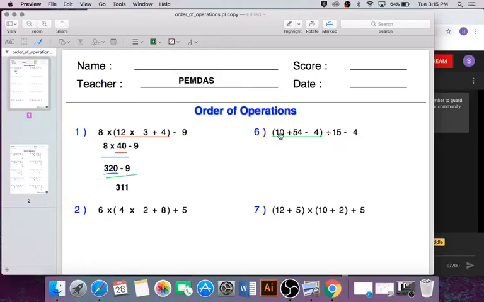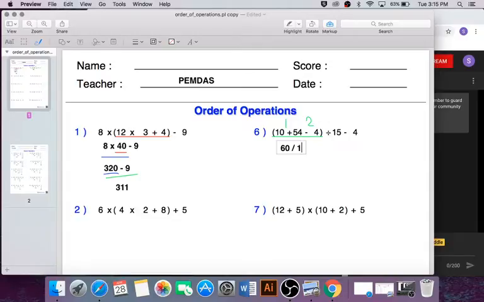And inside those parentheses, we're going to do addition and then subtraction, because that's the order they appear from left to right. So we're going to do 10 plus 54 minus 4, which is 60.